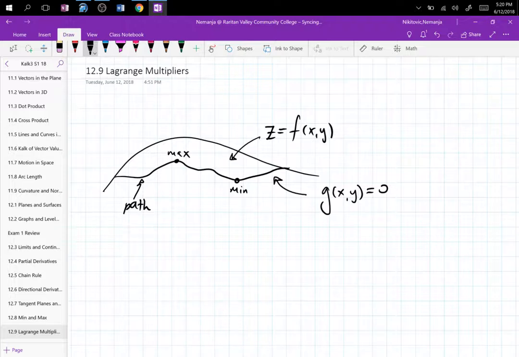So what would be the way to compute something like this? Well, we are going to introduce the Lagrange multiplier lambda, which is going to add an extra degree of freedom.